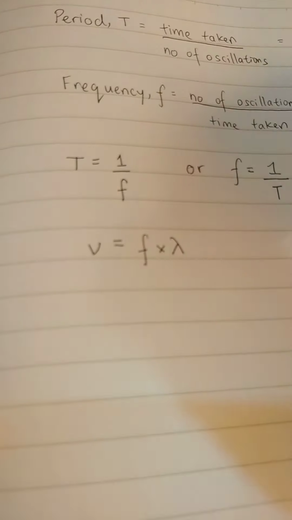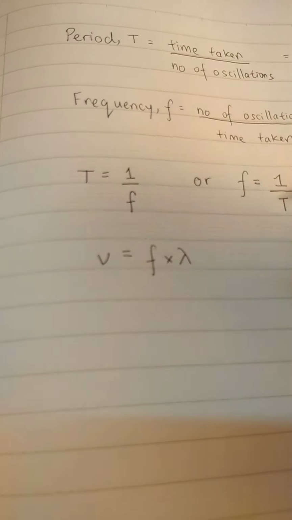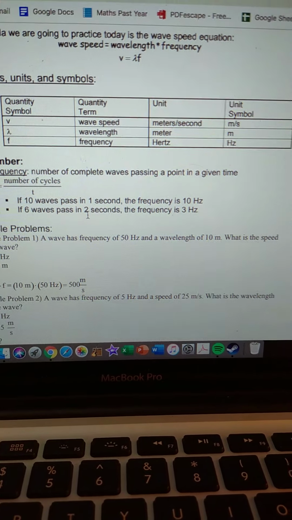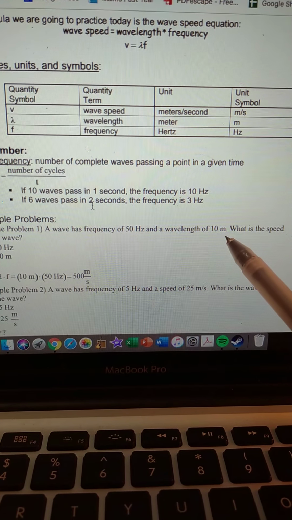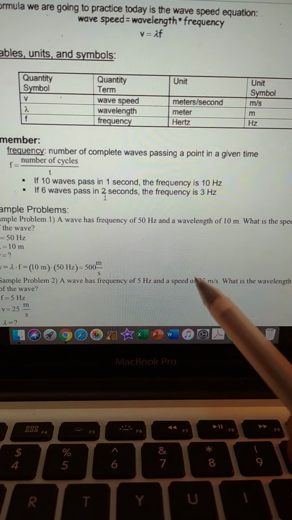How do you find your wavelength? This is where they'll give you in the question in words, for example like this, they give you the wavelength there of 10 meter. If they don't give you in words, usually they do, it's a graph.